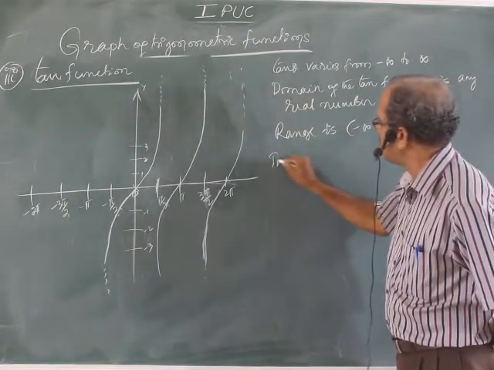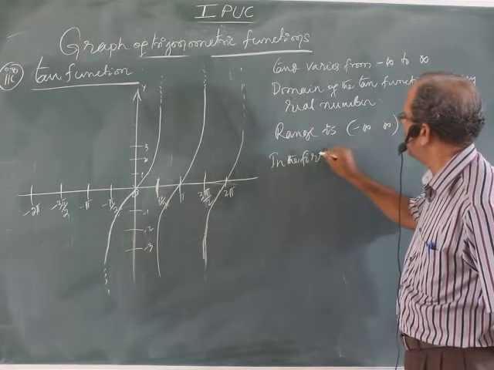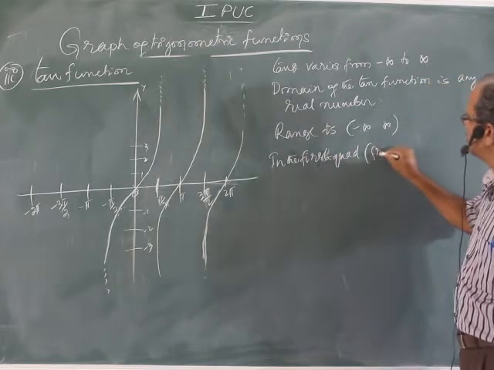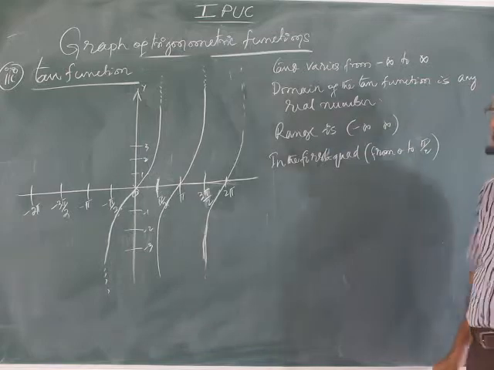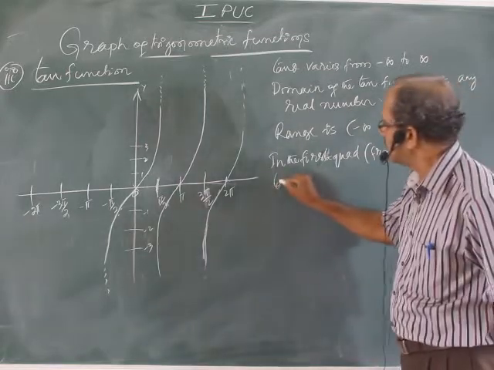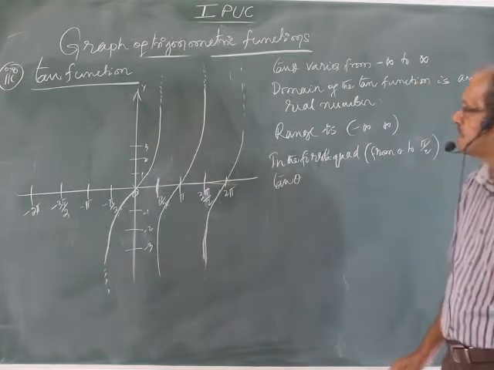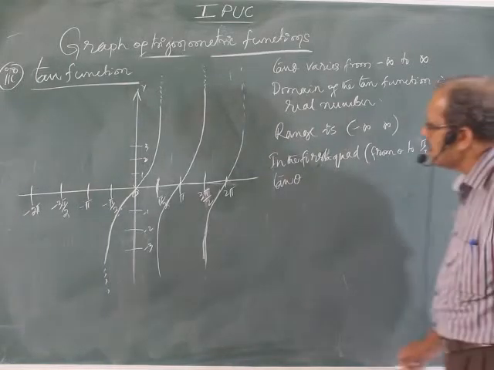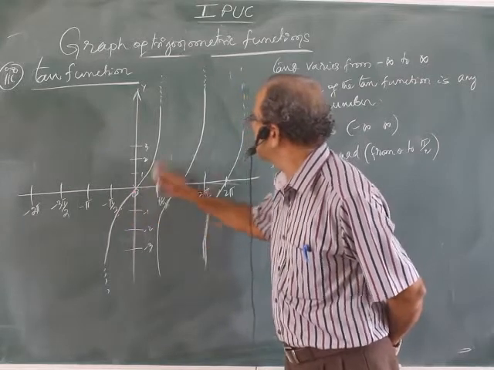In the first quadrant, from 0 to pi by 2, what happens to the tan function? Let us see. Tan theta in the first quadrant, from 0 to pi by 2, the function increases.